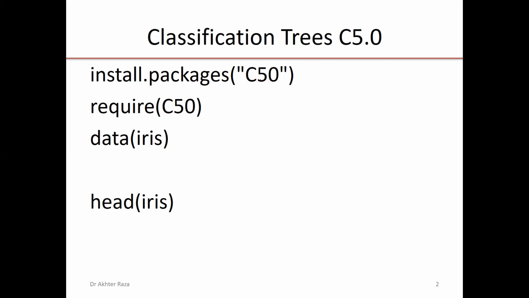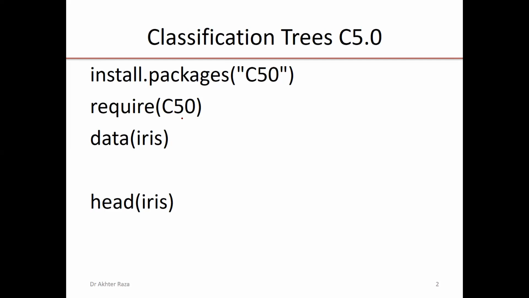It is not already available with the installation of R. So you first have to install the package, and then associate the package with your current R session. The require command associates the package which was installed earlier with the current session of R.